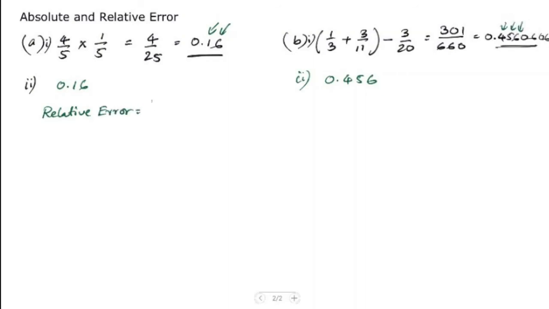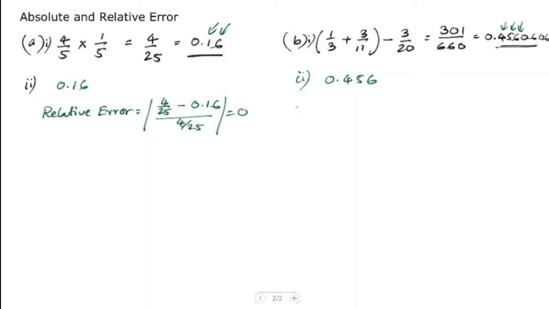That would be the original value 4 over 25 minus the approximated value, which is 0.16, divided by 4 over 25, and that here will give us a 0 because those are both 0.16.